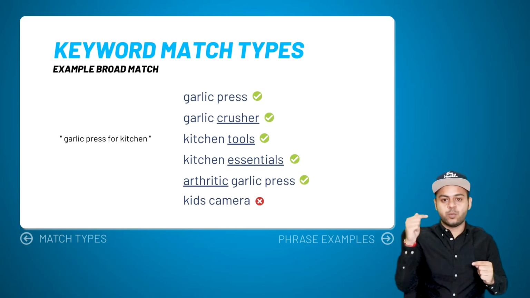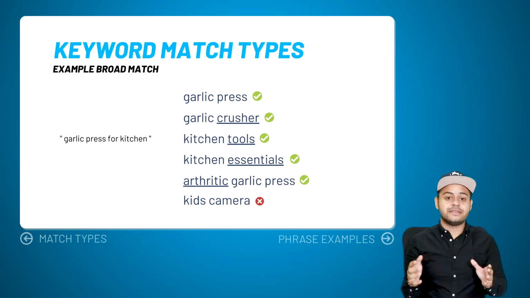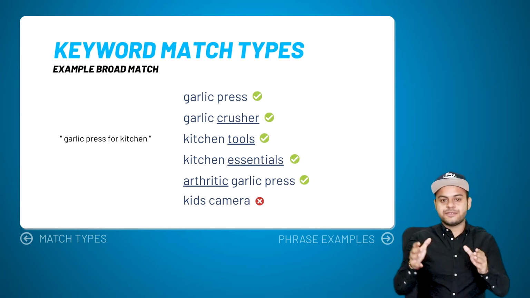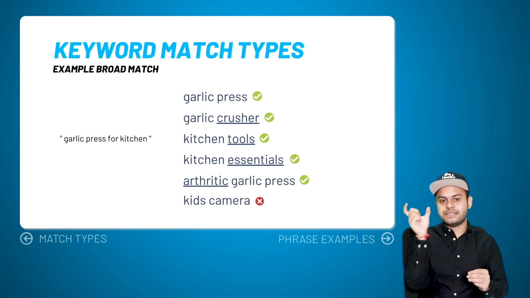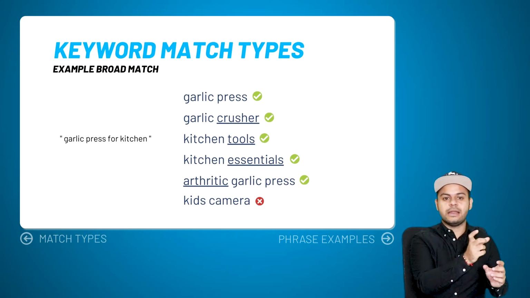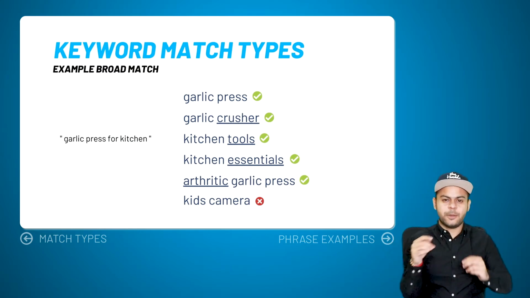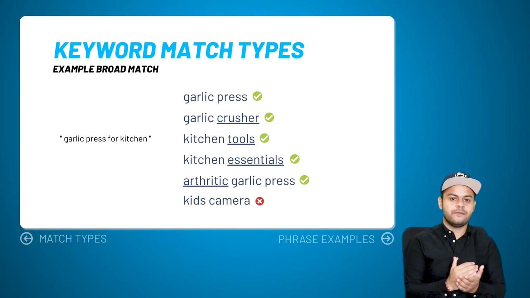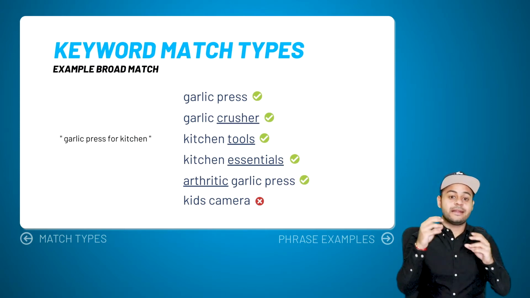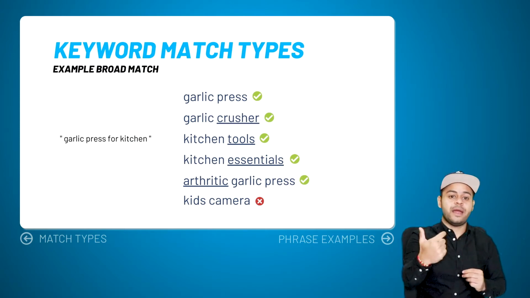Some of the examples would be garlic press, garlic crusher, kitchen tools, because you can see the word kitchen exists in your search term, kitchen essentials, because Amazon's system knows that kitchen essentials is related to a garlic press, arthritic garlic press, because this is another search term that people are looking for and it contains the keyword that you have provided to Amazon.